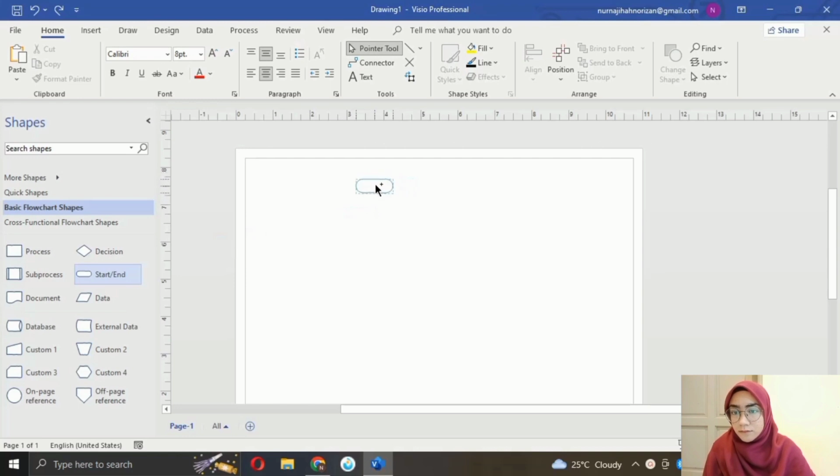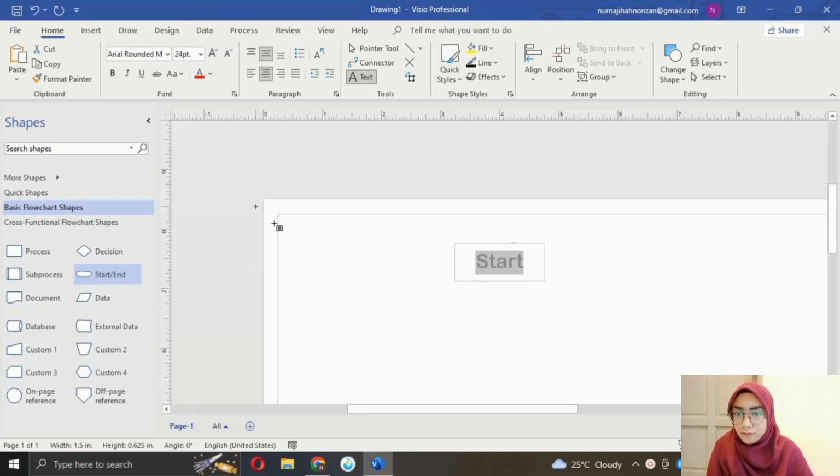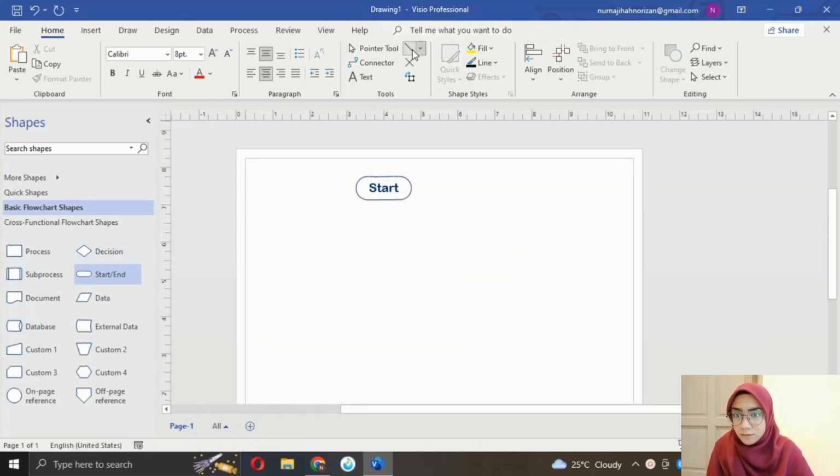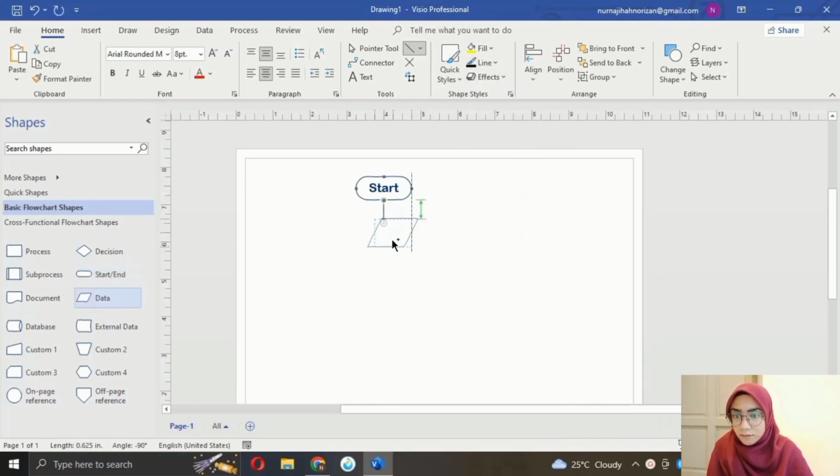Firstly, we start with this symbol. This symbol is called terminal, which is the beginning of a process. The explanation on this symbol is start, and we continue with an arrow going down to show the process. Next, we use this symbol.